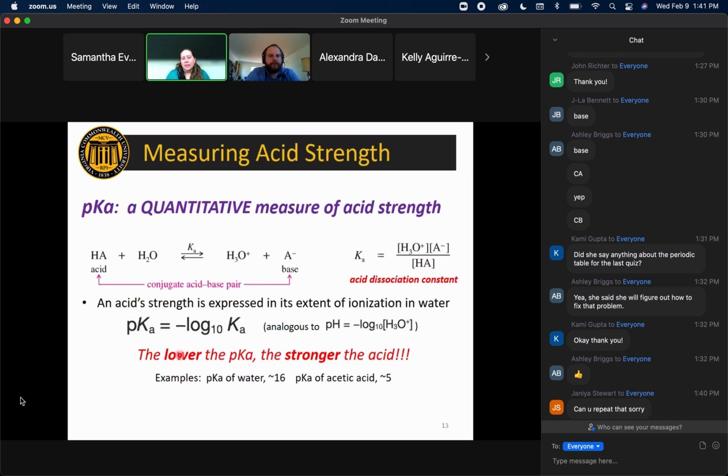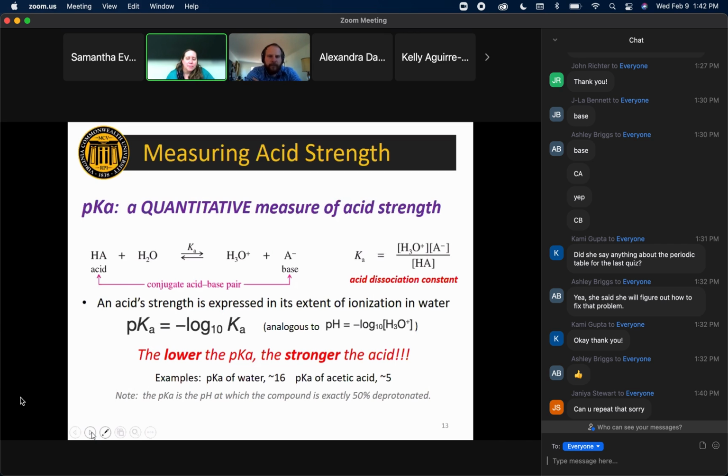So the lower the pKa, the stronger the acid. We'll talk about these benchmarks in the next couple of slides, but water has a pKa of around 16. Acetic acid has a pKa of around 5. You can even hear from the name, acetic acid sounds like it should be acidic, right? And it is, it's more acidic than water, so it has a lower pKa than water.